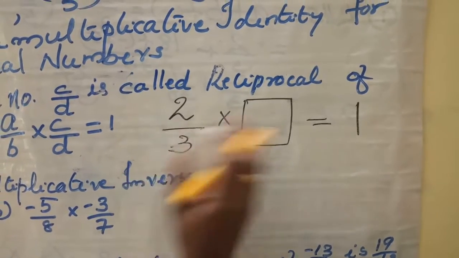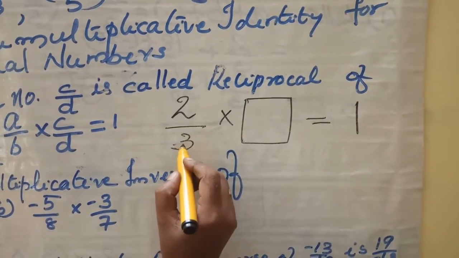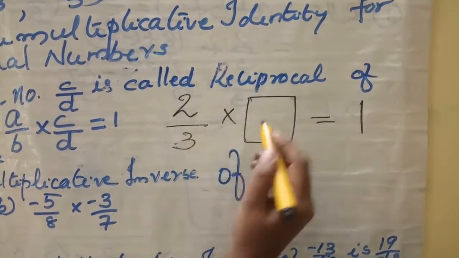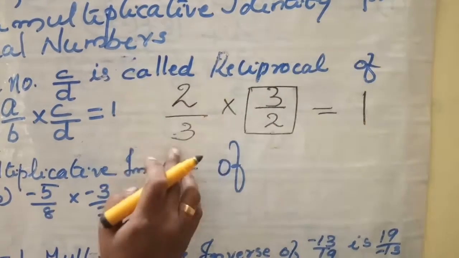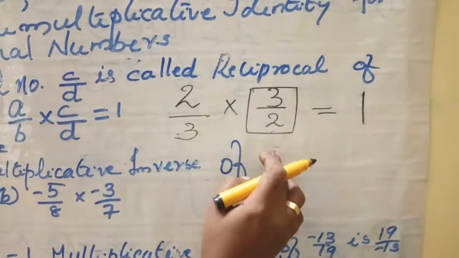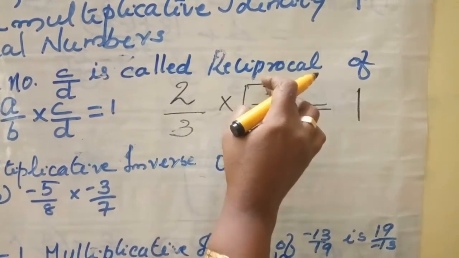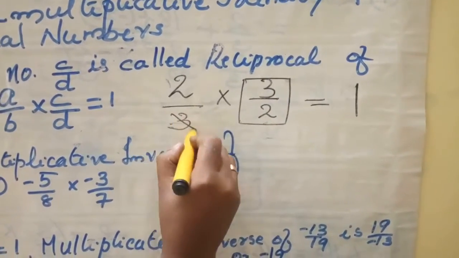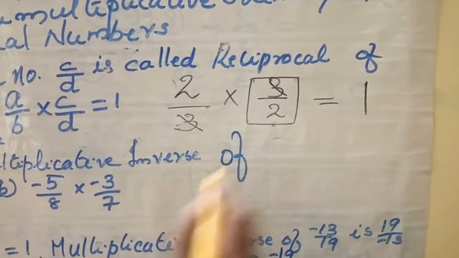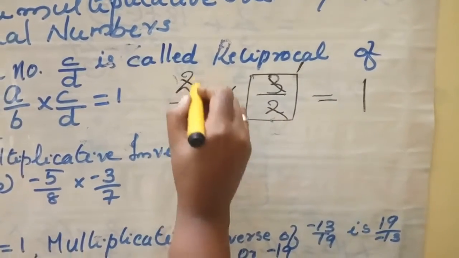How do we get 1 after multiplication? Okay, you take the reverse order. The reverse order is called the reciprocal. The number is 2 by 3. Here you write 3 by 2. The denominator becomes the numerator, the numerator becomes the denominator. Then you can see that this 3 and 3 cancel, giving 1, and 2 and 2 cancel, giving 1.